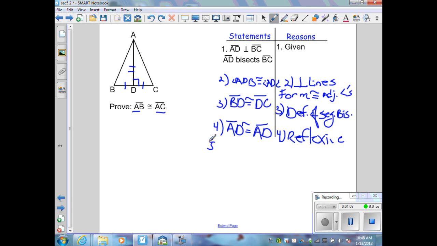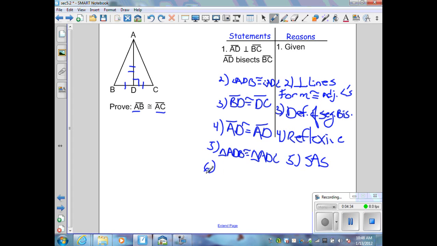Now, I know the triangle ADB is congruent to triangle ADC. And the reason for that is side, angle, side.